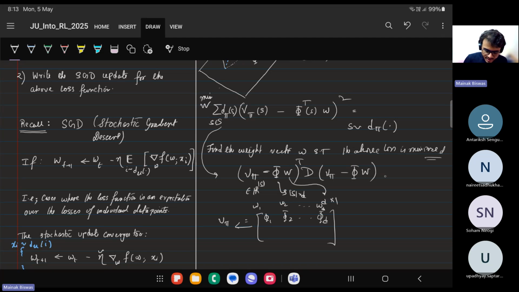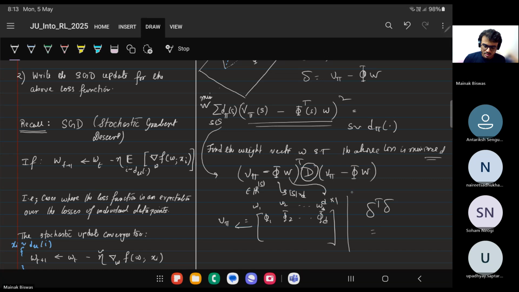And we said that if this D matrix was not there, what would this be? This would just be the square of the individual components. Yes or no? If we write delta as V pi minus phi W, what would delta transpose delta be? Anyone? Am I audible?